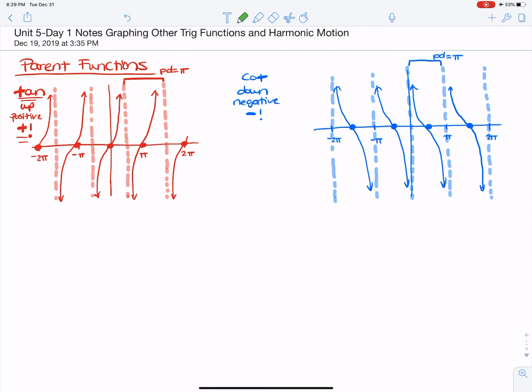Now we want secant and cosecant. Let's start with cosecant. Why? Because cosecant is the inverse of sine. And with sine, remember, the pattern is midline, high, midline, low, midline. If you remember the pattern, that is how you actually graph this function.